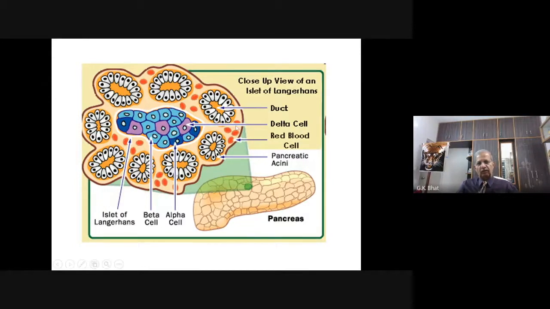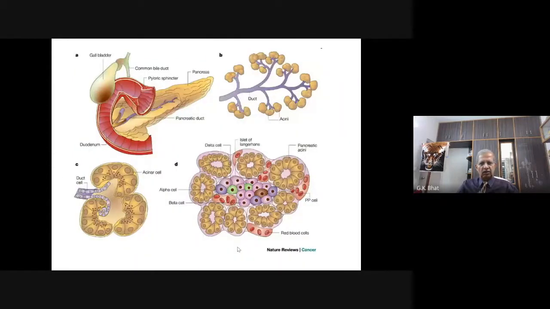And you also come across another cell called a delta cell, which is not mentioned in your NCERT book. The delta cell is concerned with the secretion of somatostatin, which is concerned with the overall functioning of the islets of Langerhans. Okay. Now, this is another picture showing the pancreas, the pancreatic acinar cells, and the islets of Langerhans.